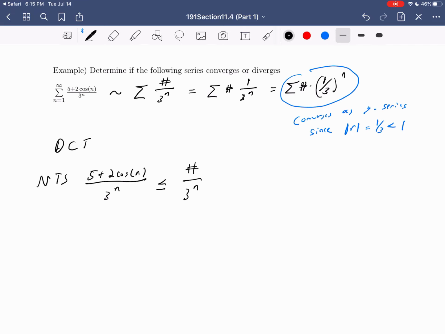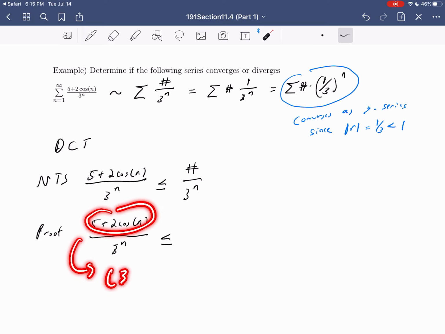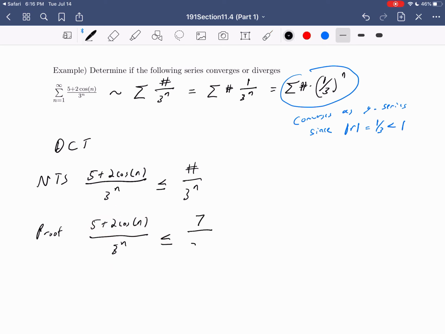Well, to actually prove that, we'd say 5 plus 2 cosine n over 3 to the n is going to be less than or equal to, since we said this lives between 3 and 7, and we want something strictly greater than it, let's use the 7. So we'd say 7 over 3 to the n. And notice that that is a number divided by 3 to the n.